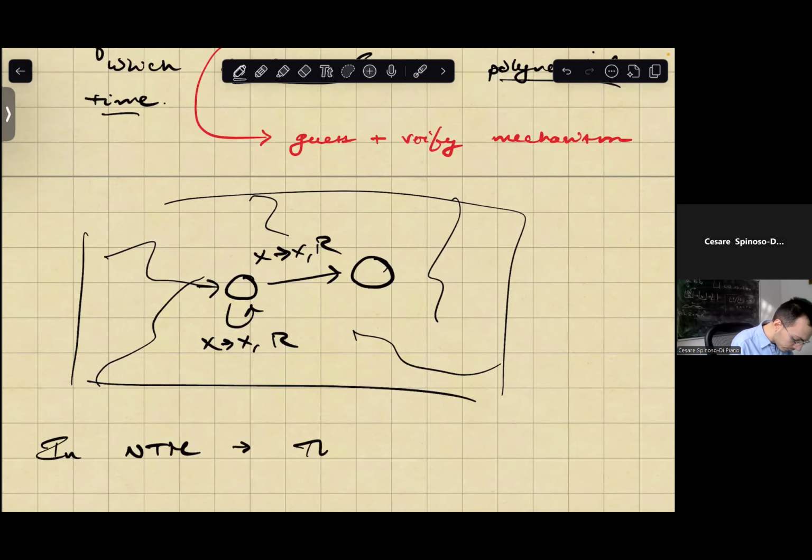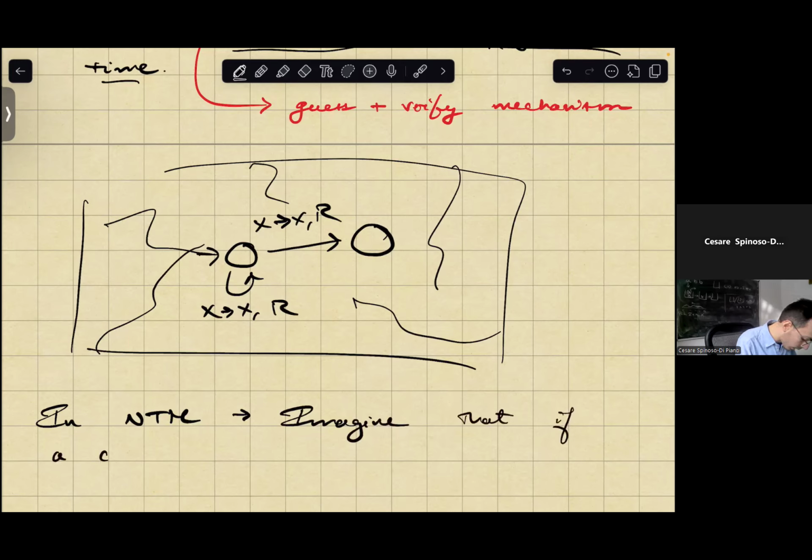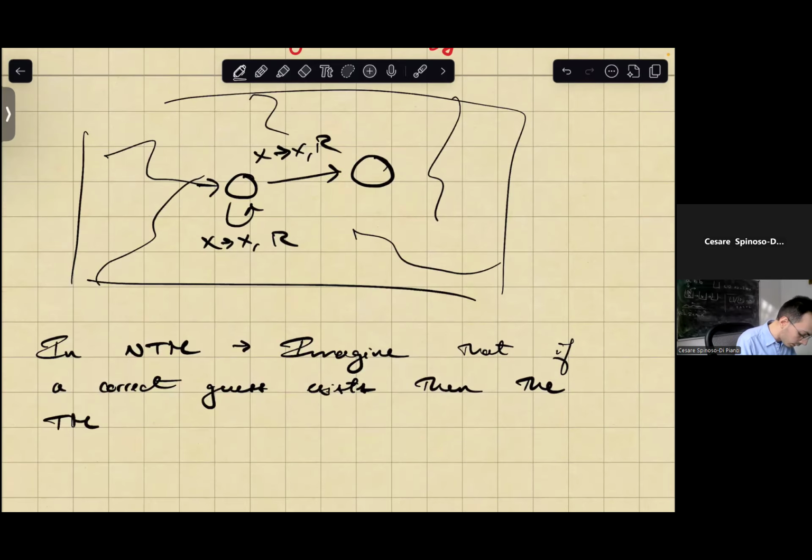You should imagine that if a correct guess exists, then the Turing machine will essentially find it, right?